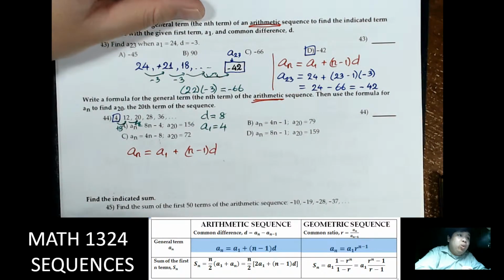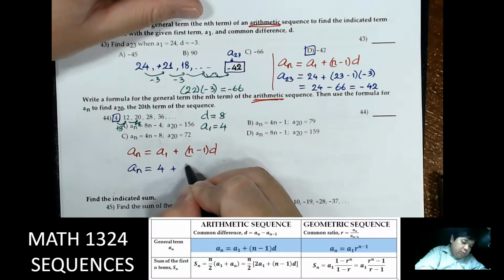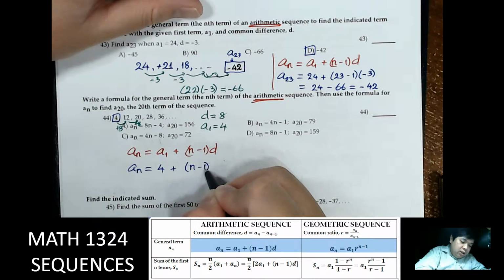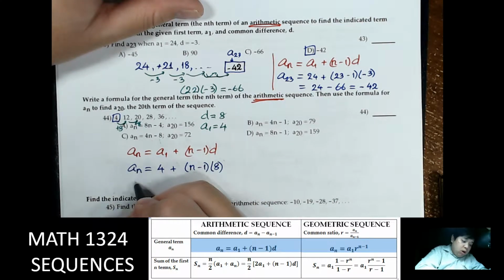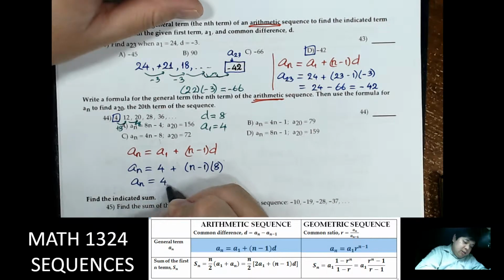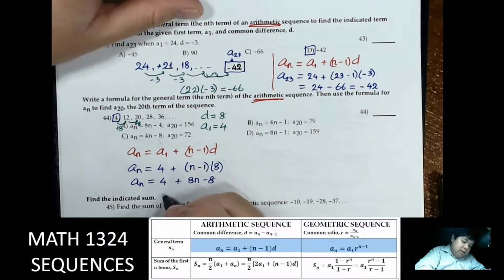And put in everything we know. First term is 4, n minus 1, difference is 8. Now just need to multiply it out. And 4 minus 8, so an is equal to 8n minus 4.